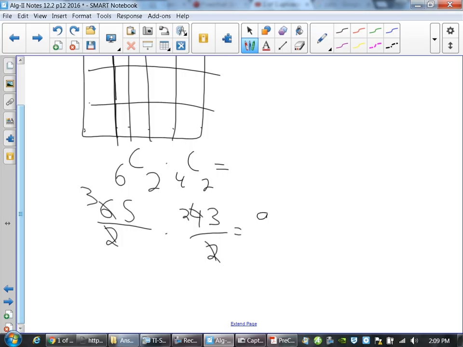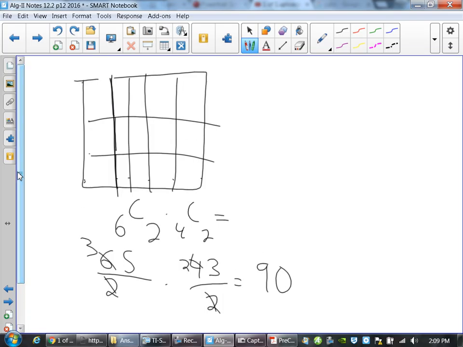15 times 6 is 90. Wait, I don't understand. I can make way more than 90 rectangles. You can. I got 81 by now. Don't you count all the verticals and horizontals? No, it shouldn't be just that.